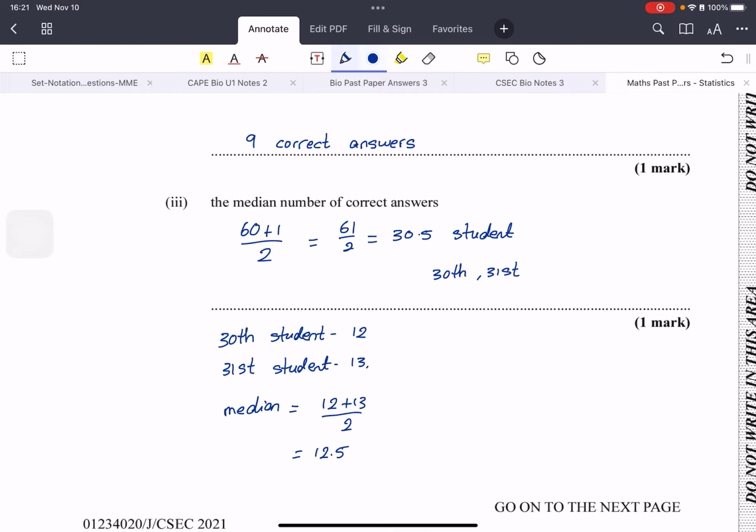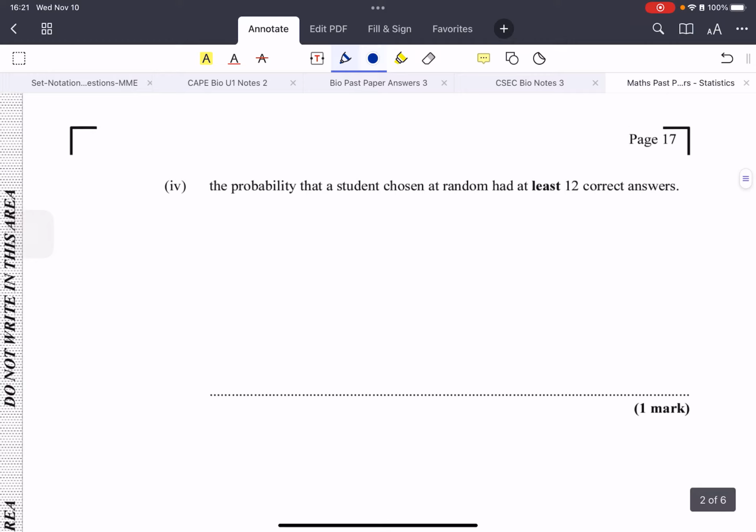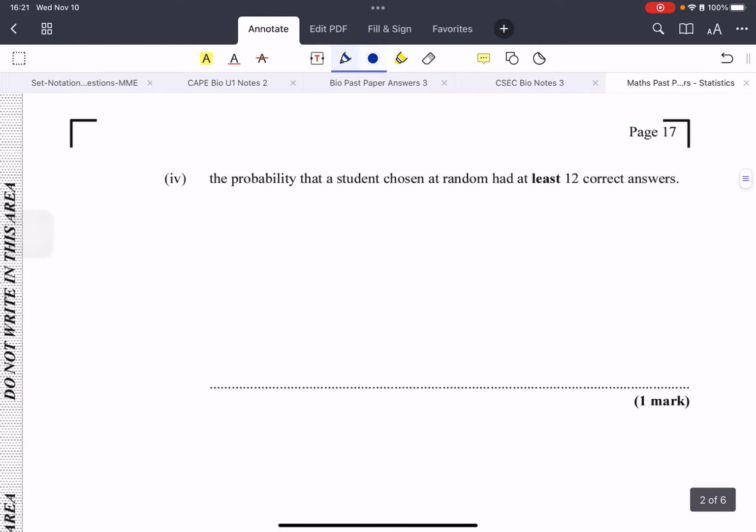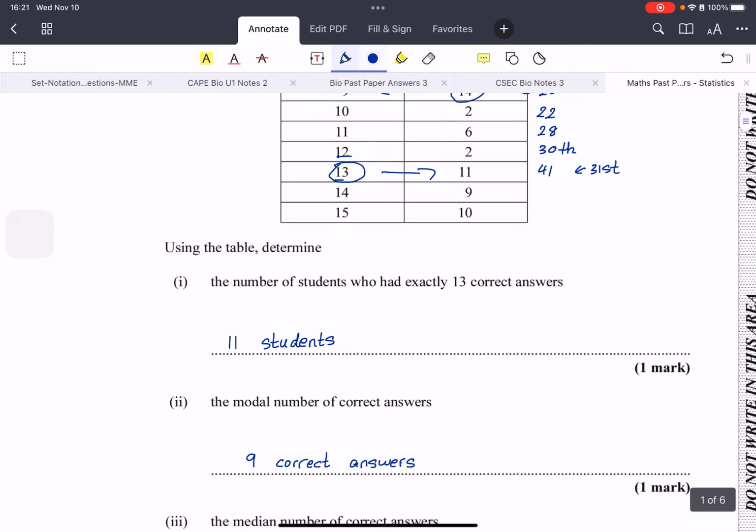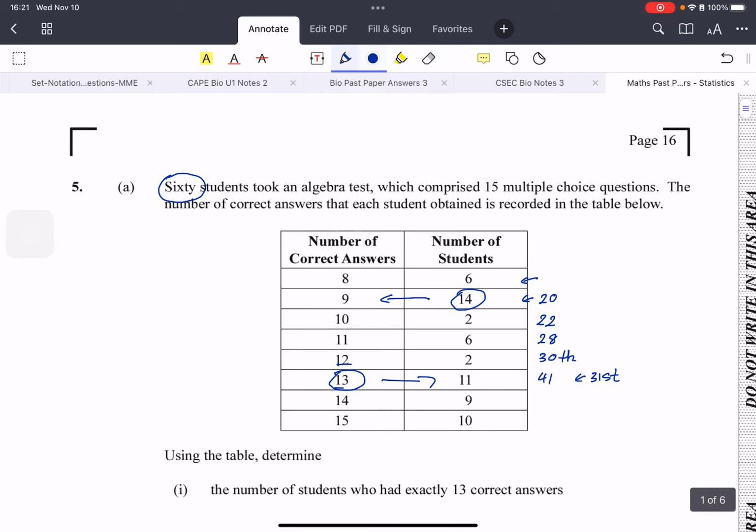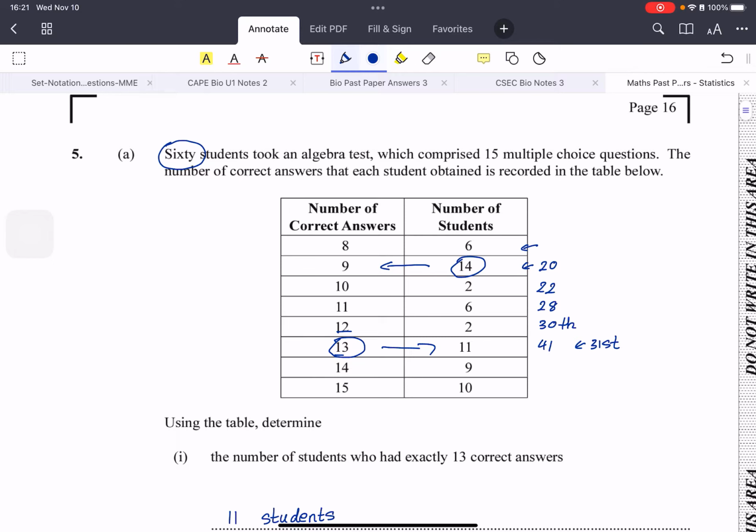Okay? The next part of the question asks the probability that a student chosen at random had at least 12 correct answers. Now, this is quite simple. All we need to do is to find out how many students got 12 or more. Okay? So here we have 2 people getting 12.